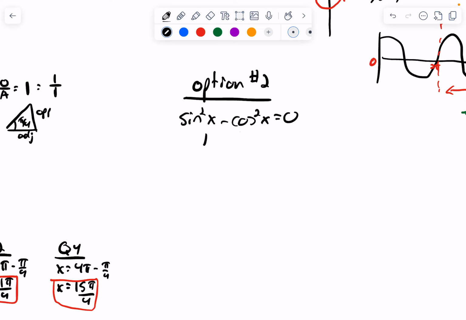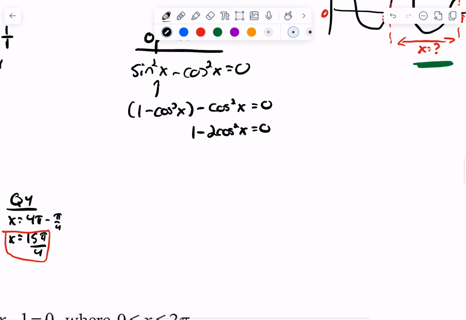Well, you could have turned this right here into 1 minus cos squared x, because now you only have cosines in the problem, right? And you would have gotten 1 minus 2 cos squared x equaling 0.